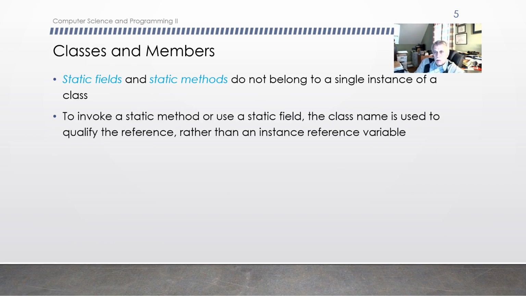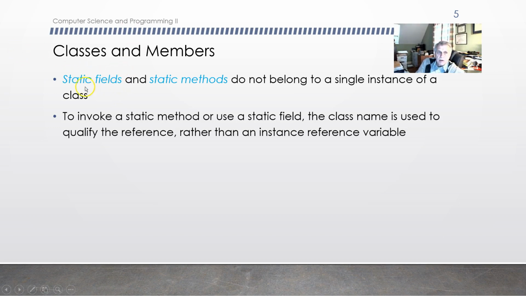Okay, as we talk about the classes and their member variables, we were talking about instance variables or instance methods. But there's another thing here where we can define the fields or the attributes or the variables which are not part of each object or each instance, but are owned effectively by the class. These are called static members.